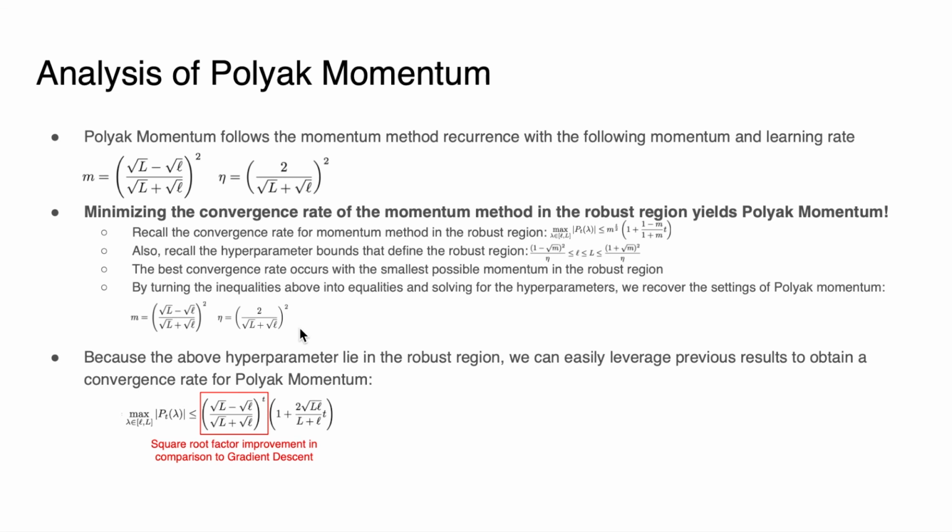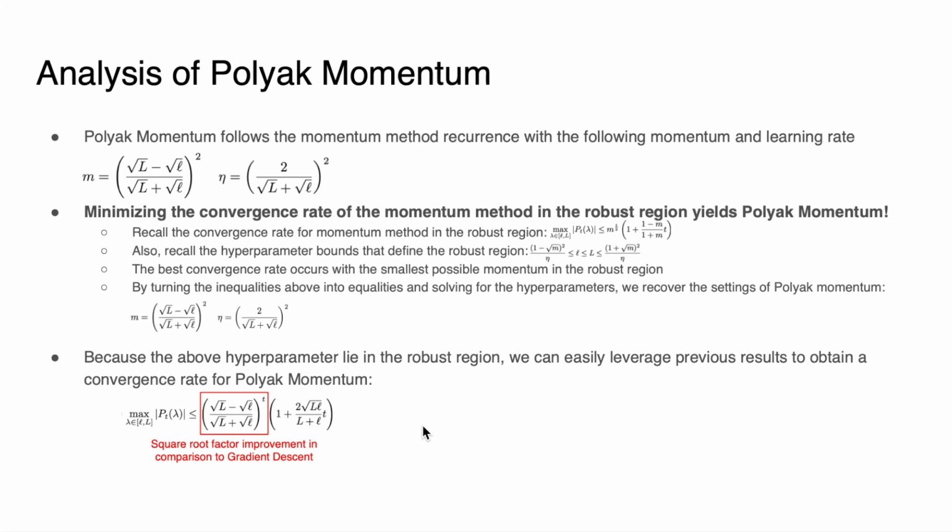And if we then take these settings for our hyperparameters and plug them into the convergence rate that we derived previously, we see that the convergence rate achieved by Polyak momentum achieves a square root factor improvement in comparison to gradient descent. So before, for gradient descent, these square roots within the convergence rate were not there. It was just big L minus little l over big L plus little l.